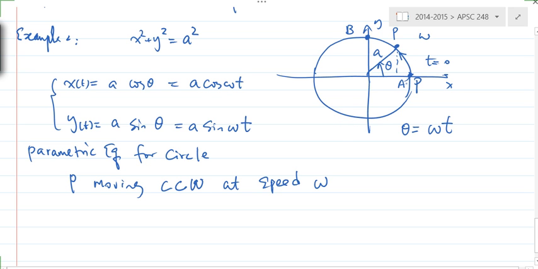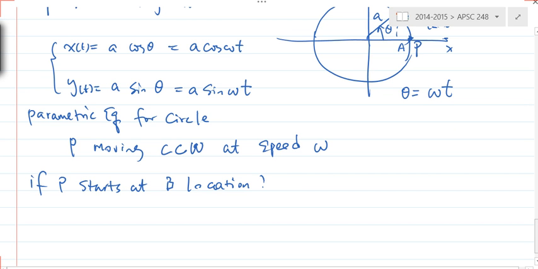So if P starts at the B location and moves counterclockwise, what will be the parametric equation for that point P?